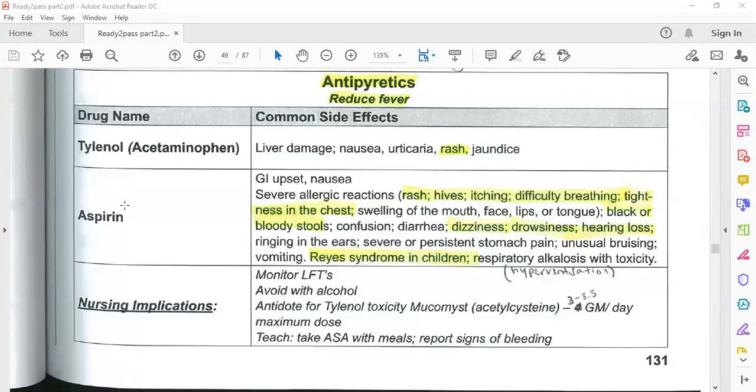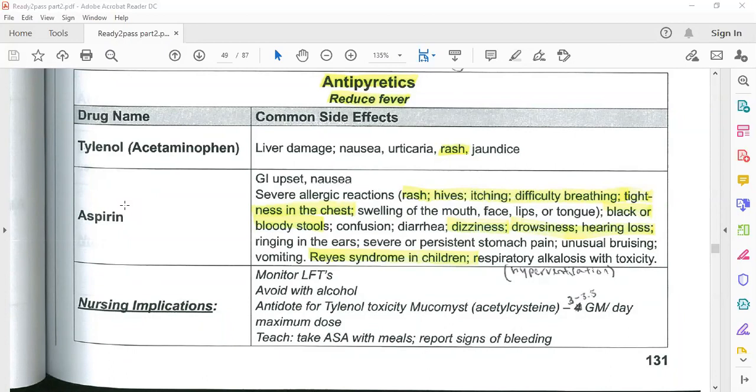This group of medication can reduce the pain and can reduce the fever. So acetaminophen or aspirin can reduce your fever and can reduce your pain, right?